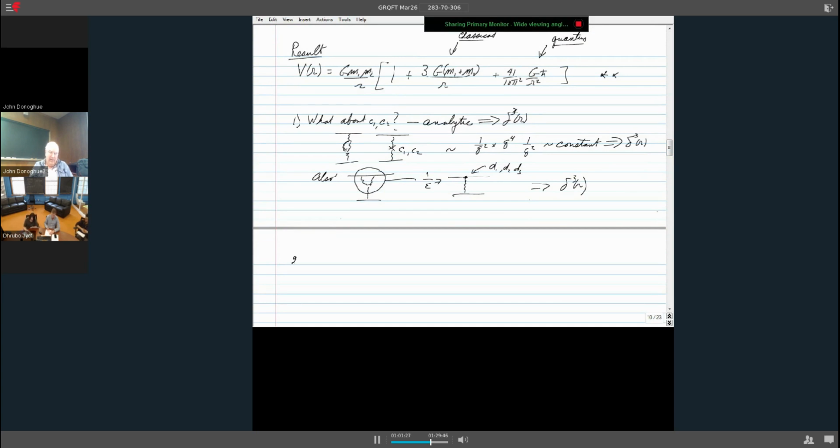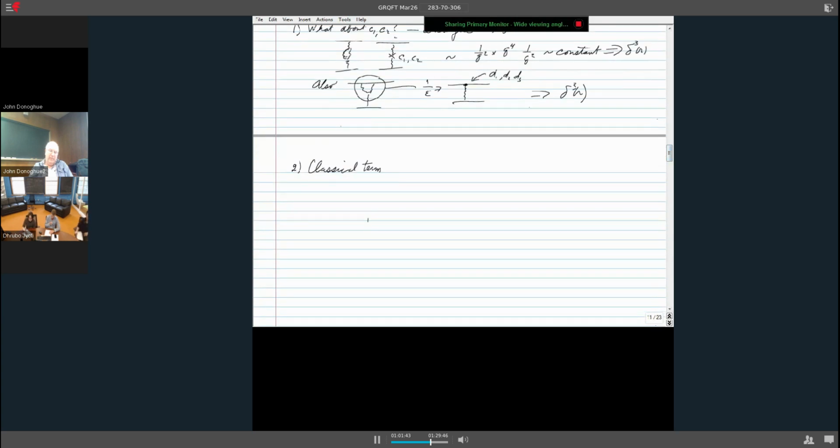Okay, also, there's some more divergences that we haven't seen yet. This guy is divergent. It's right here, there's a divergence there, there's the 1 over epsilon there.